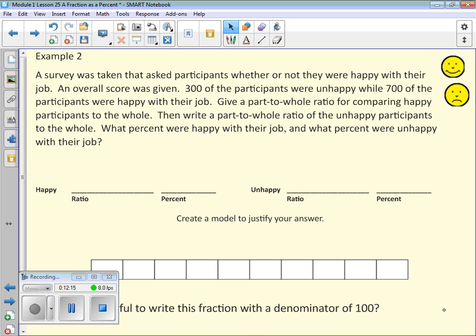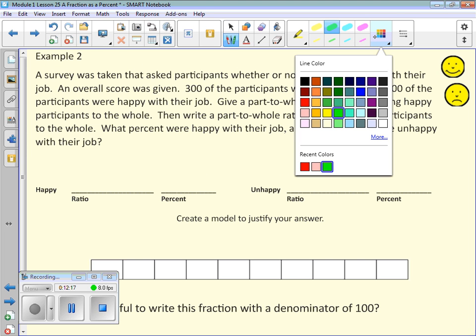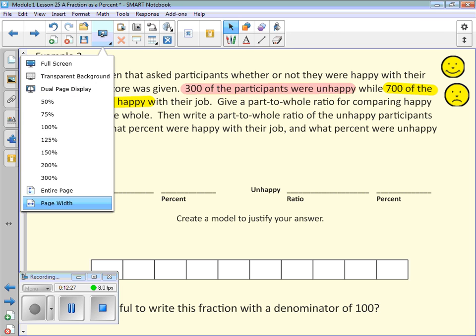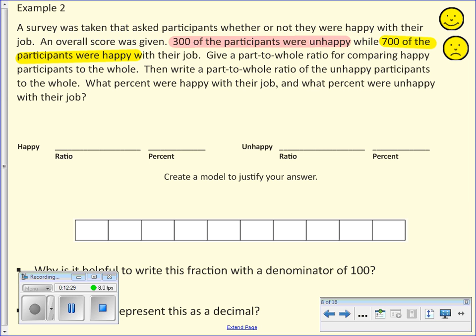So let's go back and highlight the important information because there's a lot of words here. So 300 of the participants were unhappy, 700 of the participants were happy. Much easier now. So the first thing we have to do is write a part-to-whole ratio of unhappy and happy. So we'll do happy first.